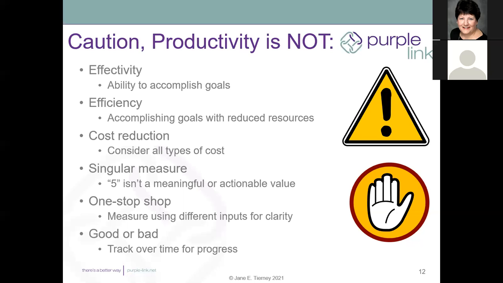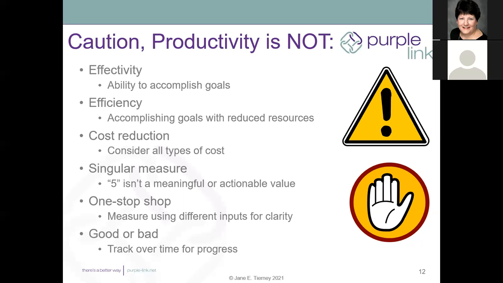So the cost reduction we've talked about, you want to consider all those kinds of costs that go in there, because changing one may drive another one, or it may stymie progress in making inroads into that type of cost reduction. I say that singular measure.